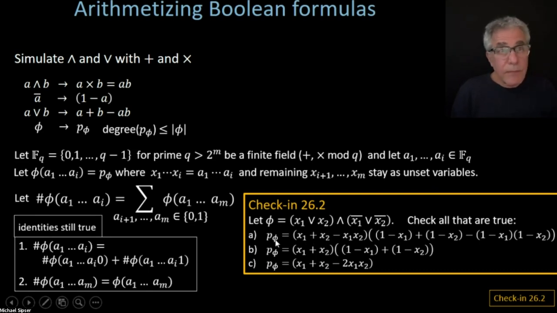Because I defined p sub phi in a particular way. And so this was the value you got if you follow the way I defined p sub phi. The others would work. They just weren't the way I defined it.